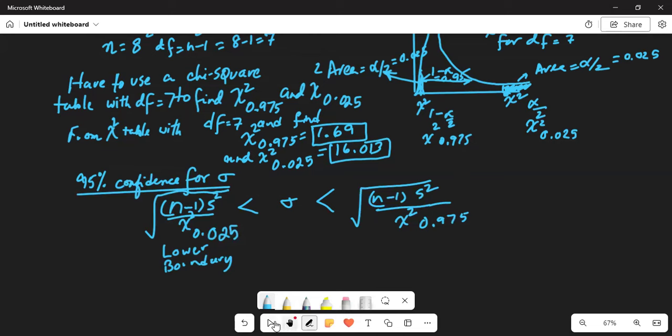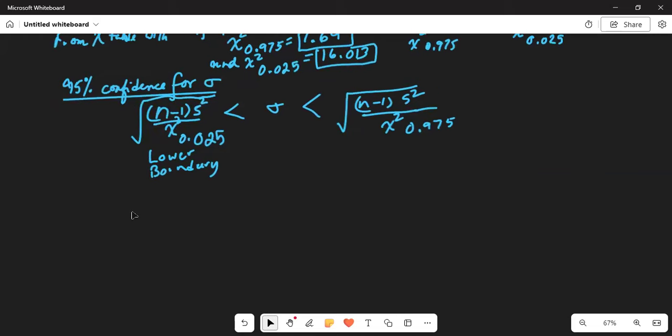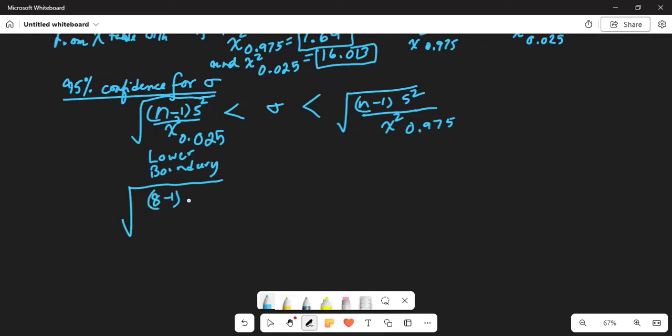So this will work out to be the square root of (n minus 1), we have 8 as the sample size, so 8 minus 1, times the sample variance, where 300 is the standard deviation.